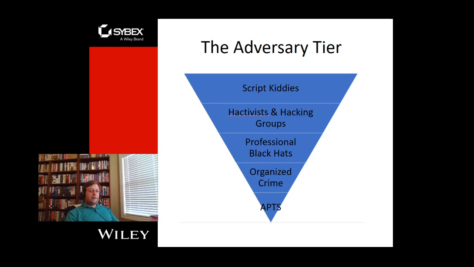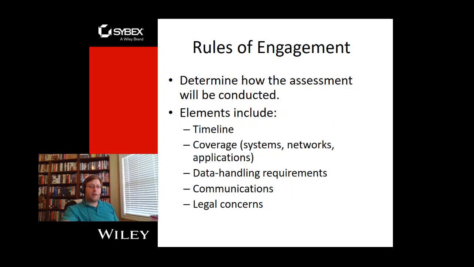You are not necessarily going to run into those kinds of threats all the time, but they're worth being aware of, that they could be out there. And one of the things to consider is, depending on what your company does, you may run into more or fewer APTs depending on what you're known for doing. So that's something to consider as well.